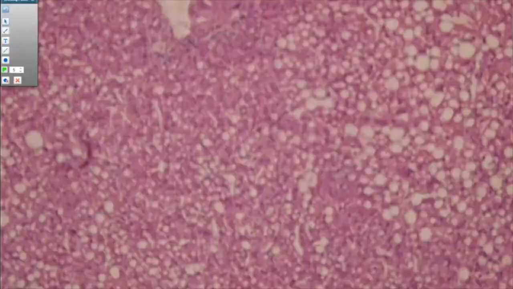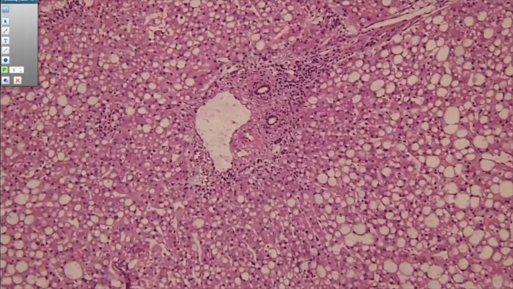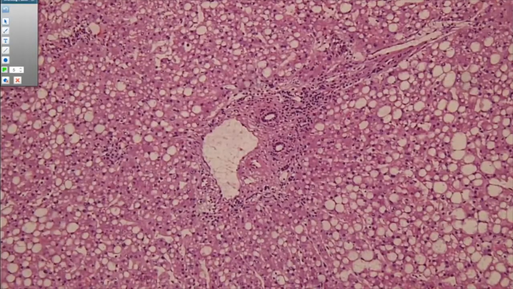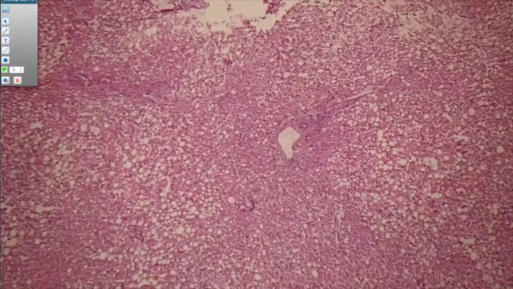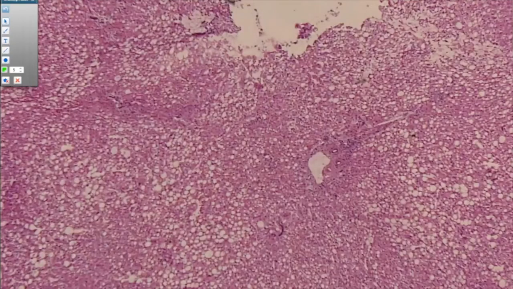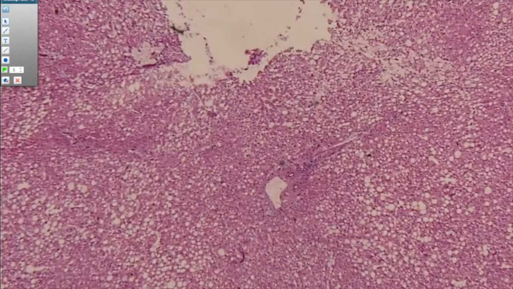So our pathologist's role, whenever we have to evaluate donors, is to assess the degree of inflammation, whether mild, moderate, or severe. Look for fibrosis, of course based upon H&E, so it's difficult, but we try our best, and look for steatosis and necrosis. Generally, necrosis more than 10%, the liver will be discarded.